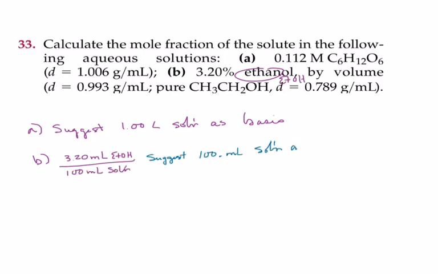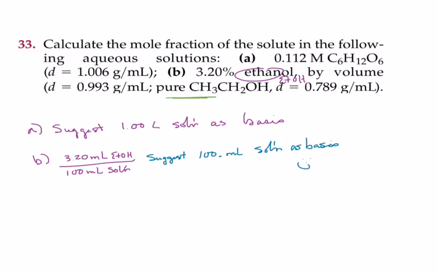So in this case, you're supposed to calculate again the mole fraction of aqueous solutions given, for the first one, molarity and density, and for the second one, weight percent and density. But be careful for the second one. For B, it actually is the density of 2 things, given the density of pure ethanol is that, and let's see, wait a minute.